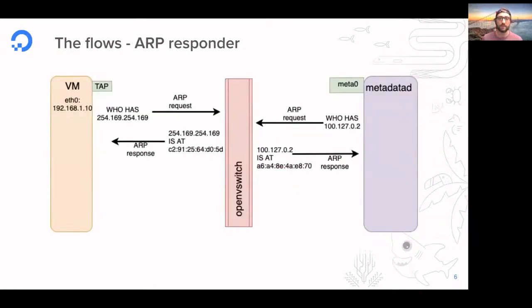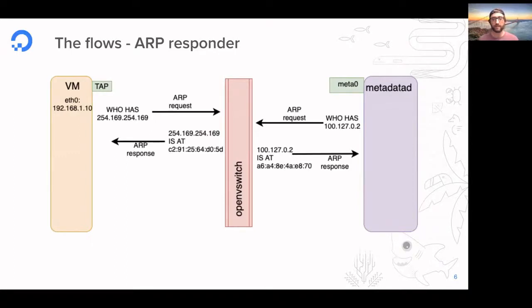The first thing the VM needs to learn is the MAC address of the metadata service. On the other side, same thing, the host needs to learn the MAC address of the virtual machines. There are many ways to achieve this, but to make things simple, we decided to have openvswitch answer the ARP request.